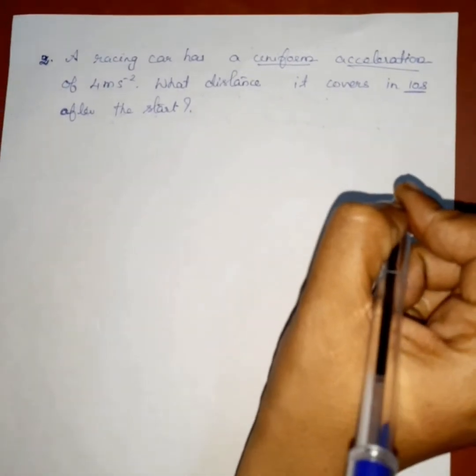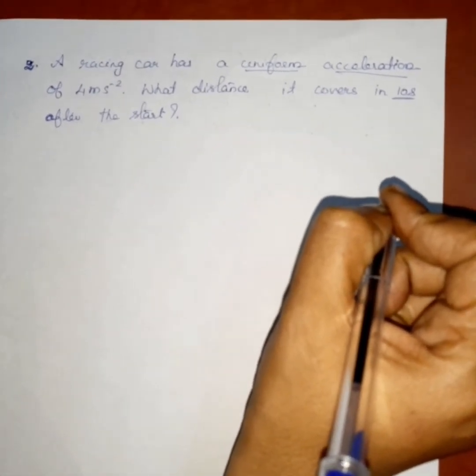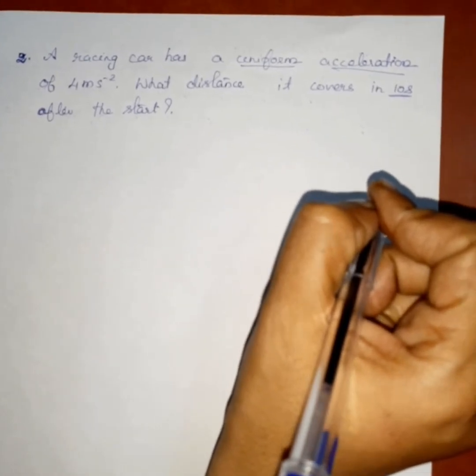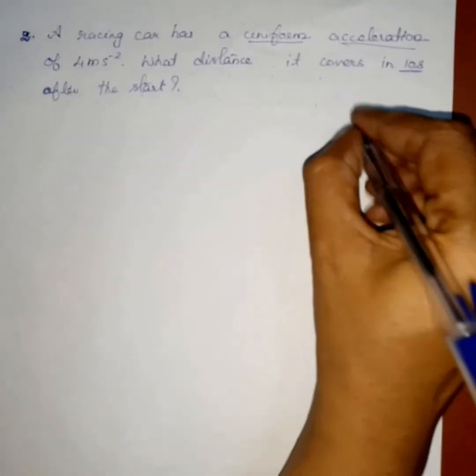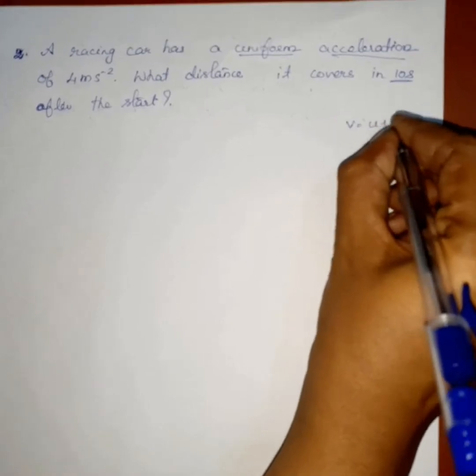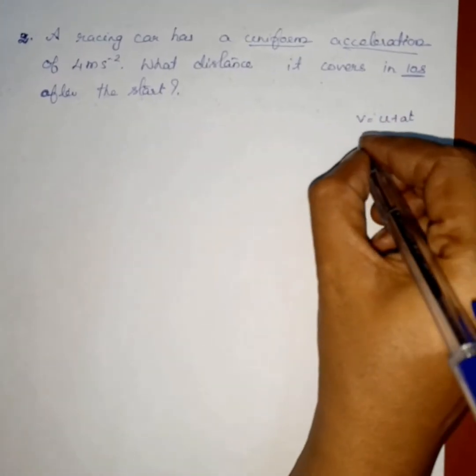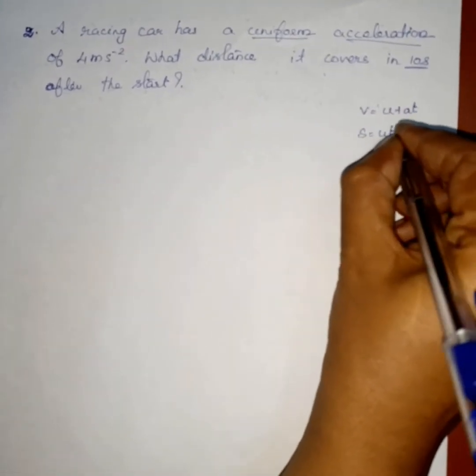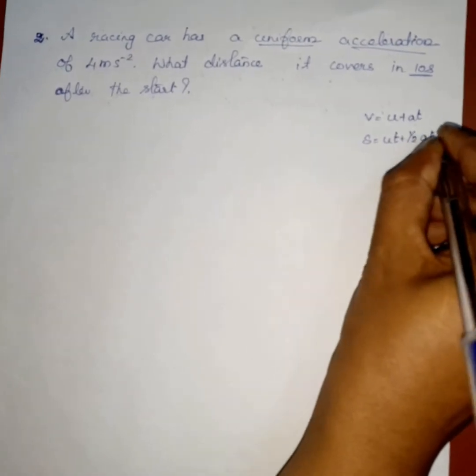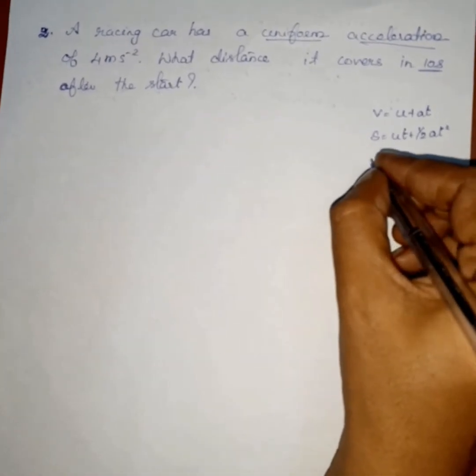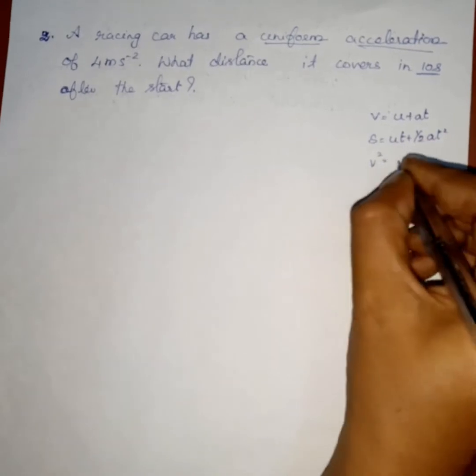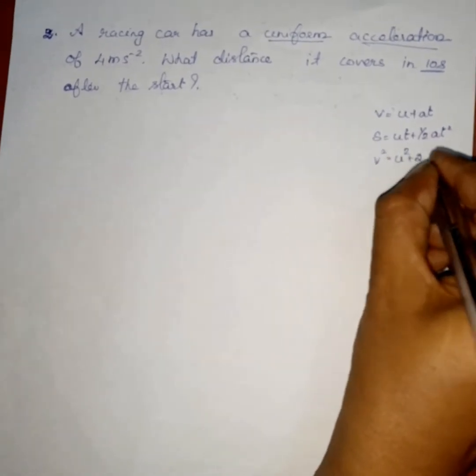The three equations of motion you studied in the previous class. The first one is v is equal to u plus at. Second, s is equal to ut plus half at square. The third equation of motion is v square is equal to u square plus 2as.